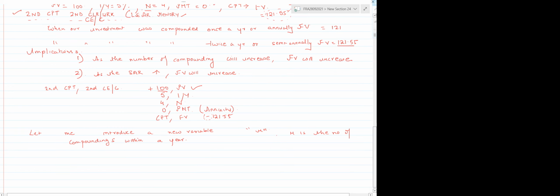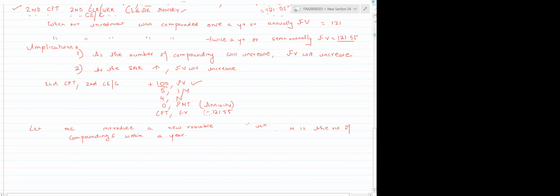Okay. So guys, if I compound annually, what would be M? One. Right. If I compound annually, M equals 1. If I compound semi-annually, then 2.